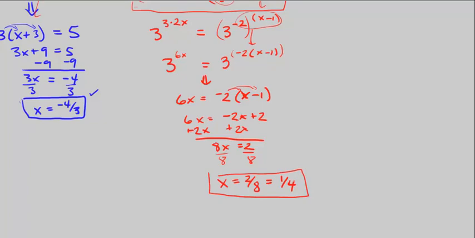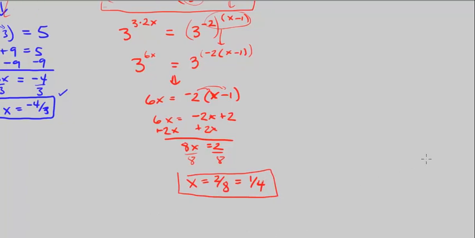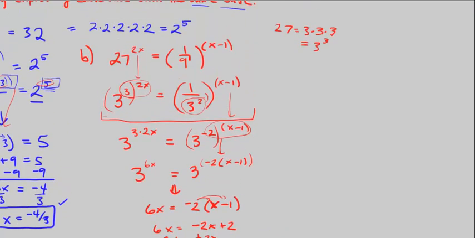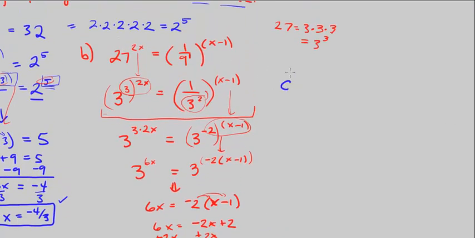And let's continue on to do part C. Okay. Going to do part C over here. So C. C is telling us 1 over 125 to the power of 2x minus 3 equals 1 over 25.